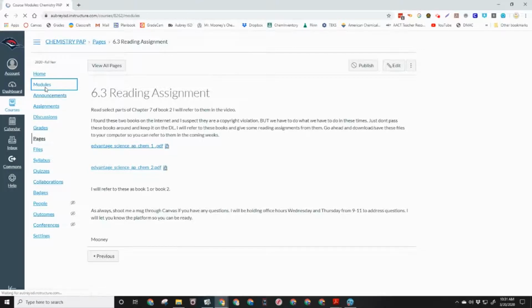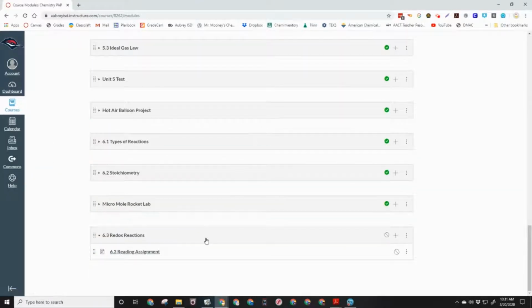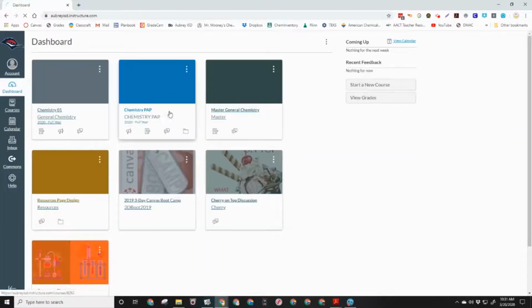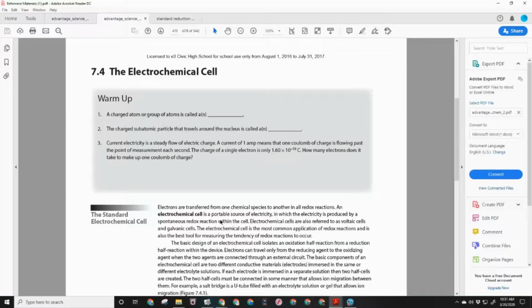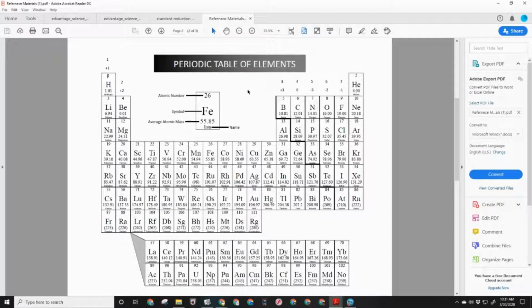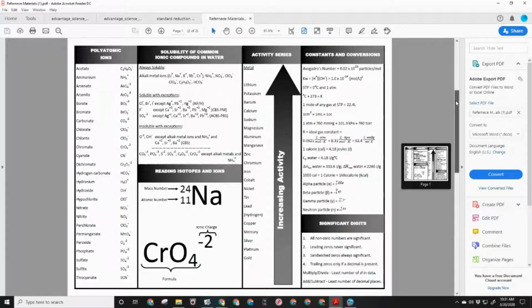So let's go to our home page. All right, reference materials, it's going to be right here. You just click on reference materials and it's going to bring up all of your reference materials. And you can go ahead and either save this to your computer or print it out.